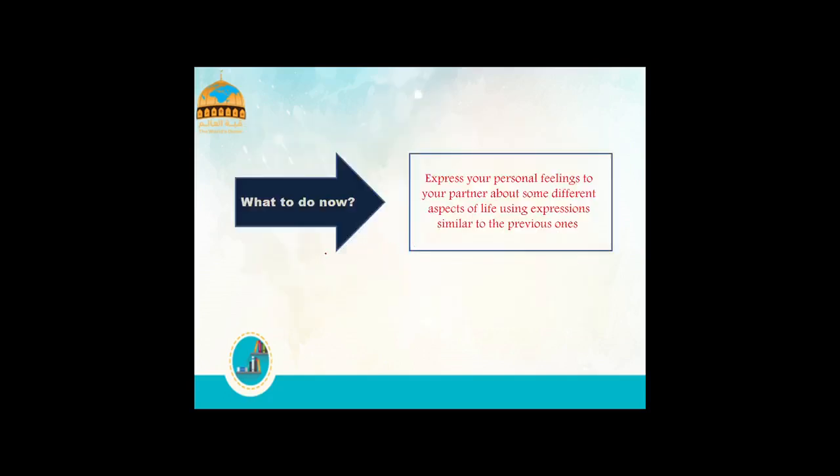And now here's an exercise for you, and it's again about your personal experience, just you. These are the instructions: express your personal feelings to your partner about some different aspects of life using expressions similar to the previous ones. For example, your perceptions, your point of view about something.